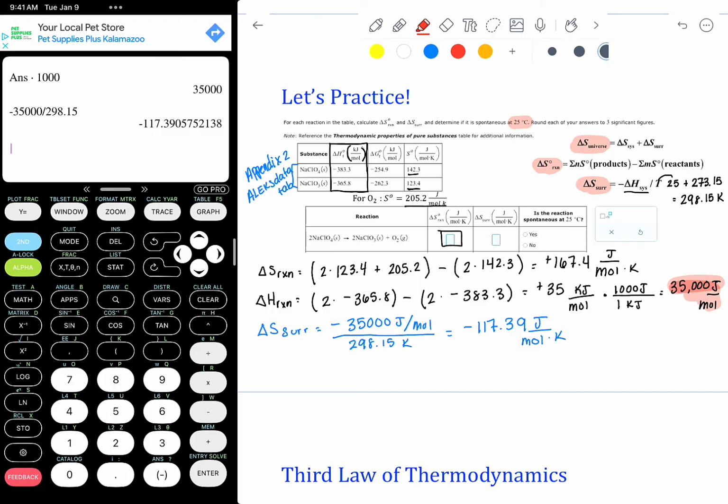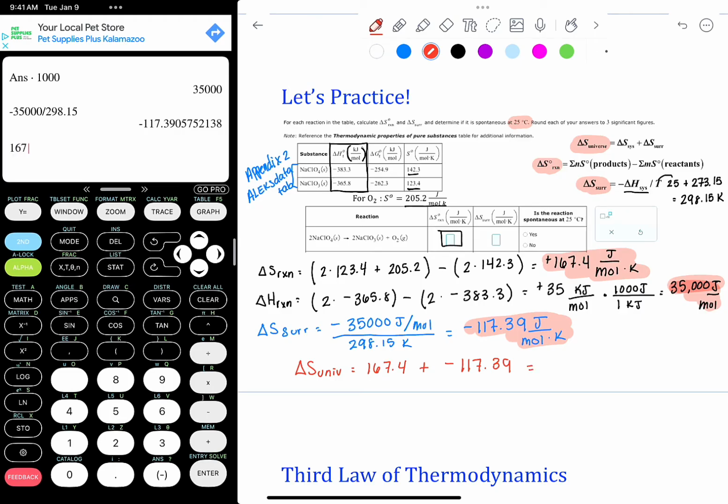We will now use the delta S of the reaction and the delta S of the surroundings to solve for delta S of the universe. So delta S of the universe is equal to delta S of the reaction, positive 167.4, plus the delta S of the surroundings, negative 117.39.